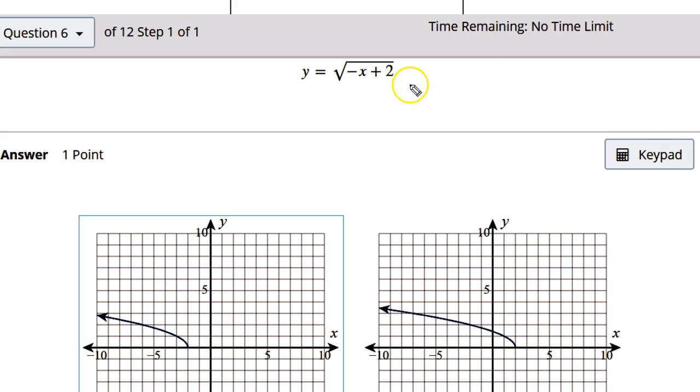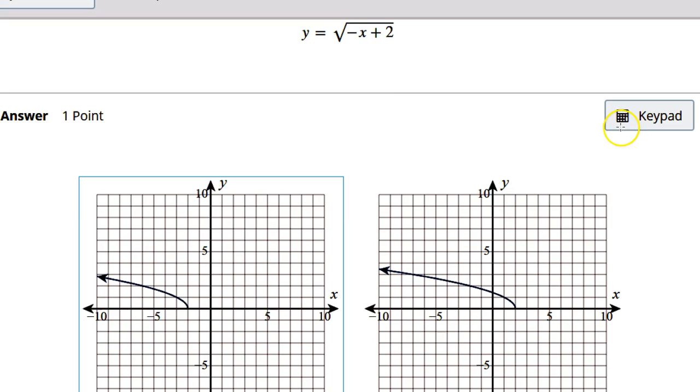For this one, we're only asked to select which is the graph that represents this radical. The strategy then would be to plot some points here. So how do we find where it's going to anchor to our graph? Well, we take the radicand, negative x plus 2 is greater or equal to 0.